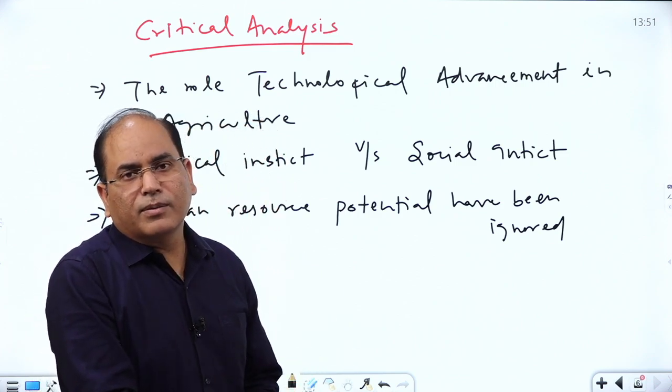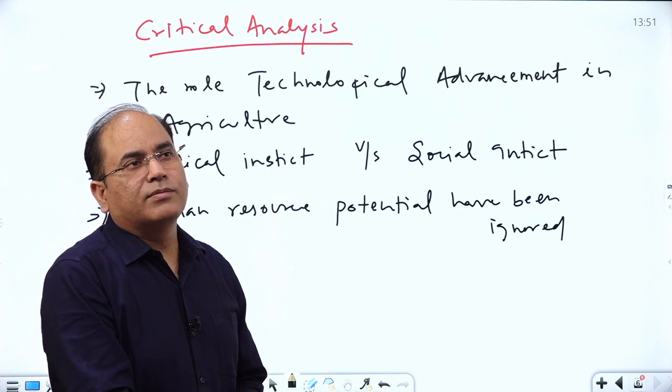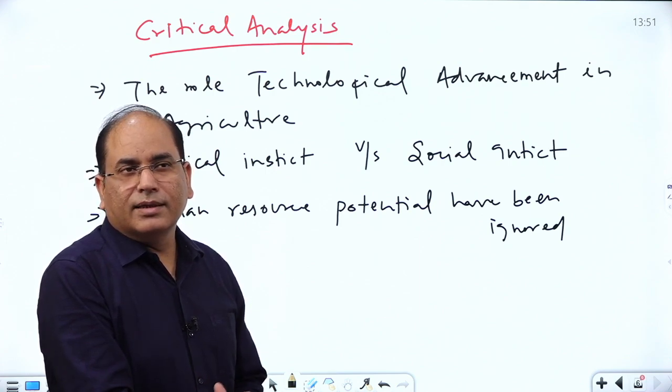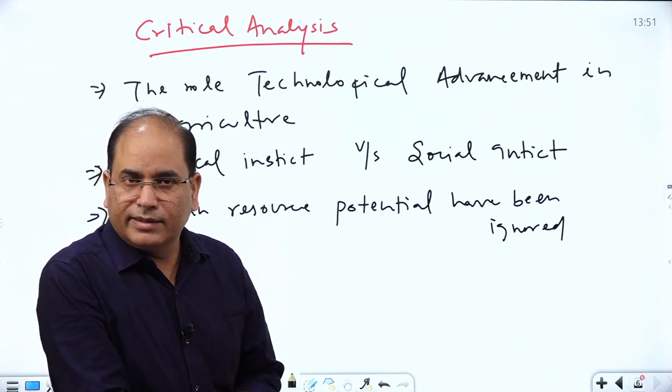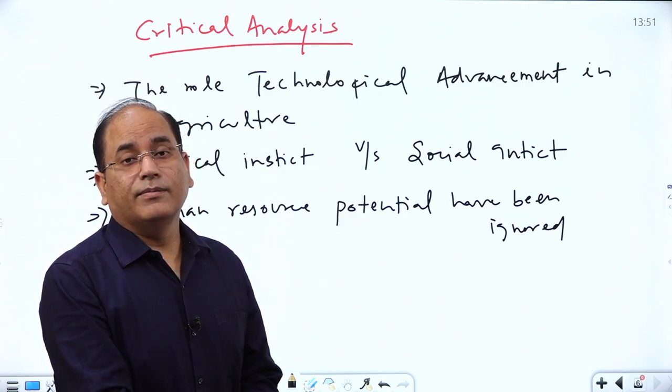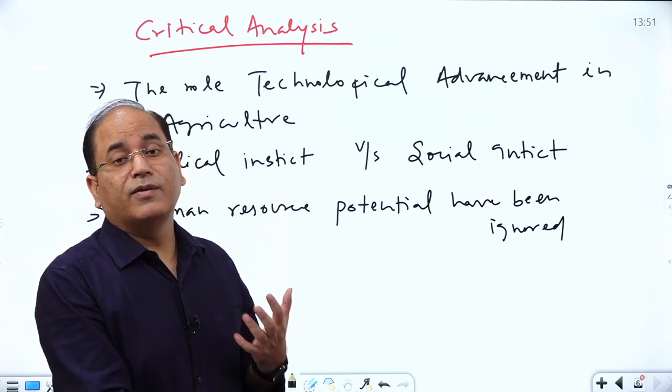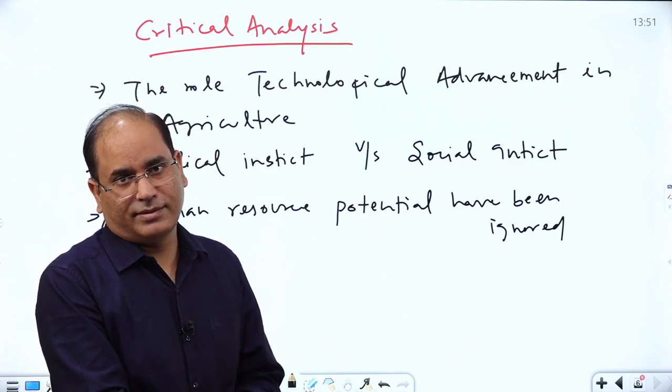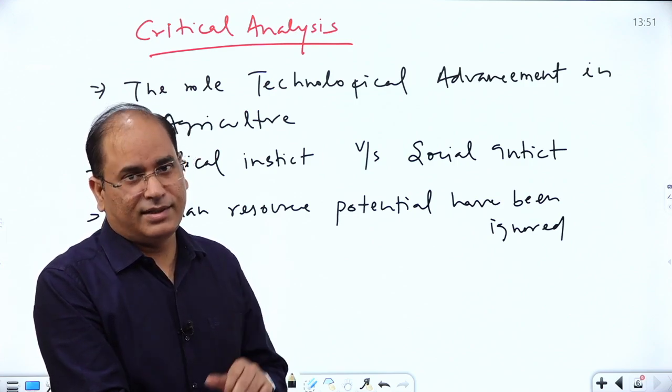Then when you look at Malthus, he was writing in the later part of the 18th century. But in the later part of the 18th century, in Europe, there was a prevalence of contraceptives and family planning.